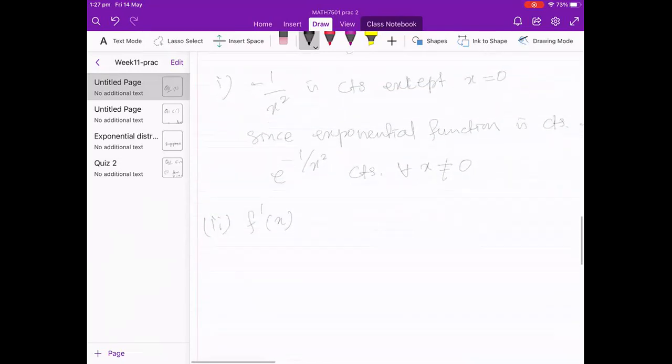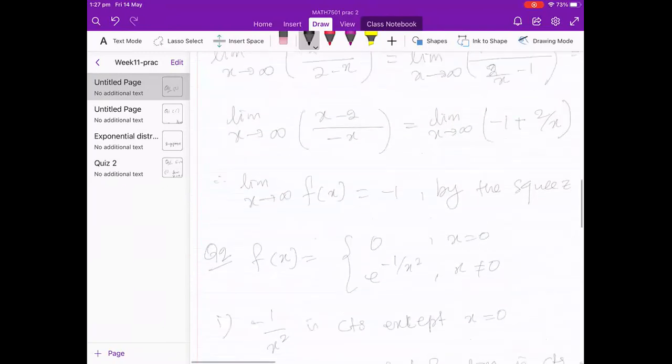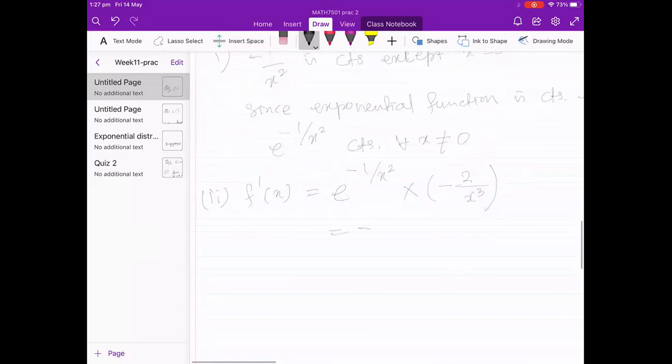Yeah, you can say that that's equal to, because the derivative of e to the power something is e to the power that something, times the derivative of that something, which is 2 over x cubed. So that's 2 over x cubed times e to the power minus 1 over x squared. Okay, is that clear?